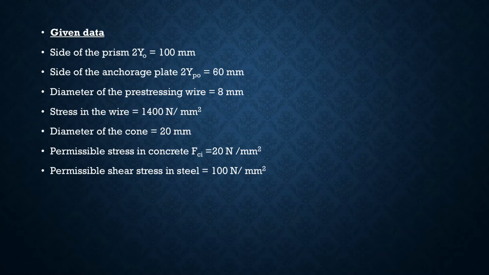So side of the prism 2y0 is equal to 100 mm, side of the anchorage plate 2yp0 is equal to 60 mm, diameter of the prestressing wire is 8 mm, stress in the wire is equal to 1400 Newton per mm square, diameter of the cone is equal to 20 mm, permissible stress in concrete FCI is equal to 20 Newton per mm square, permissible shear stress is equal to 100 Newton per mm square.